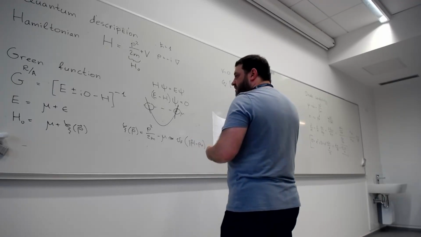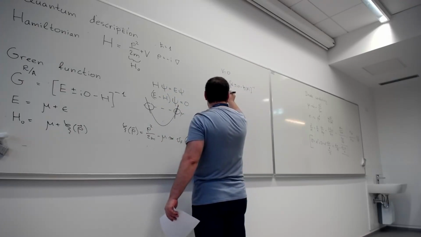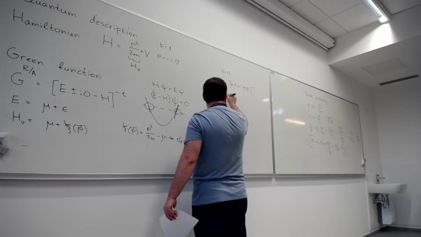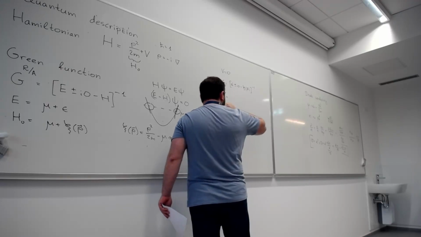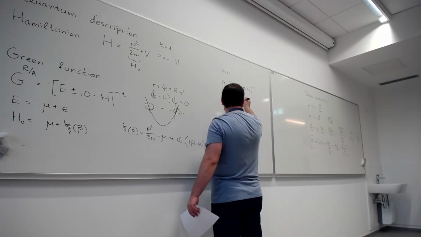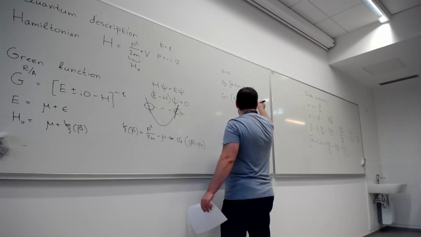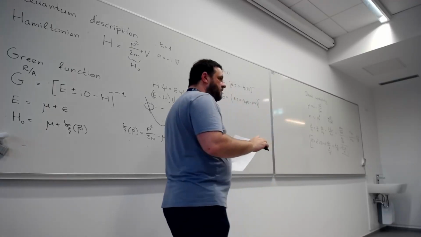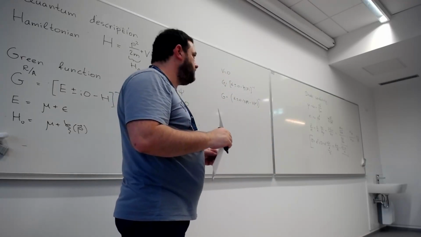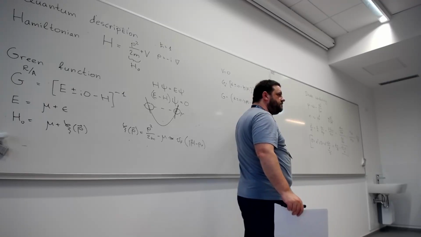And what we actually want to compute is the Green function of a system with impurities. So it's the inverse of epsilon plus minus i0 minus psi of p minus V of r. And this is not so simple because p and r do not commute.